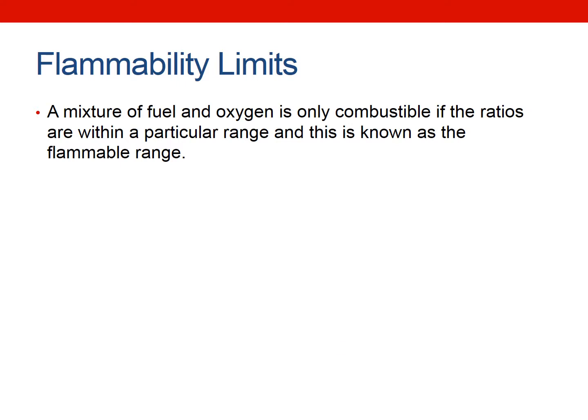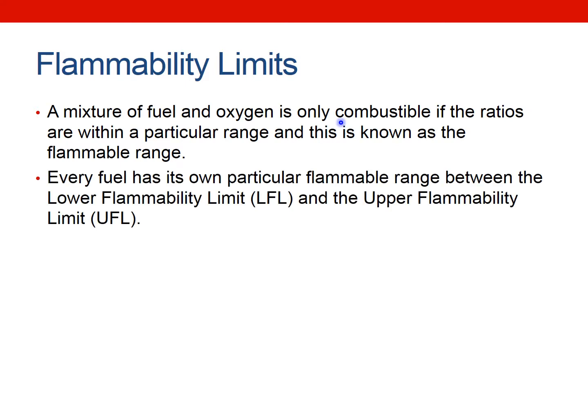So a mixture of fuel and oxygen is only combustible if the ratios are within a particular range, and this is called the flammability range. And every fuel has its own particular flammable range between the lower flammability limit and the upper flammability limit.